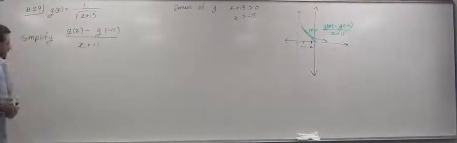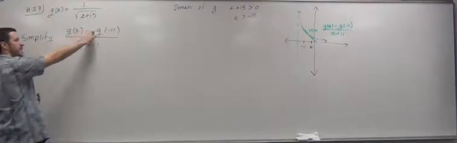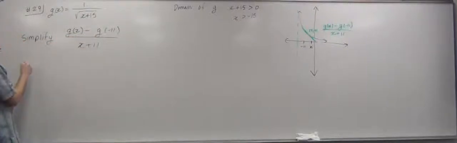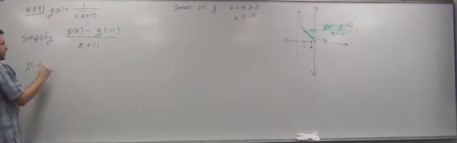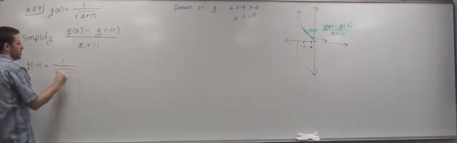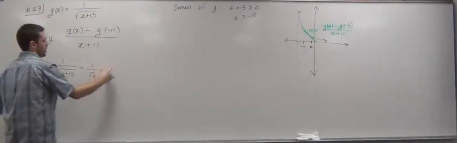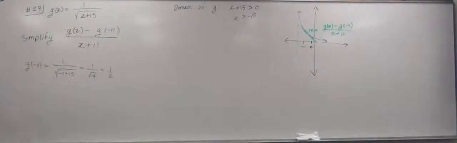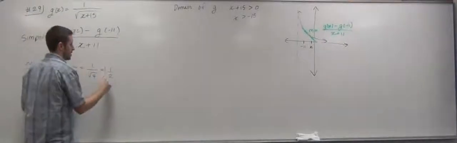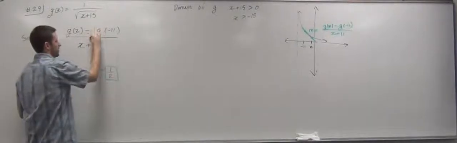Now let's actually get our hands dirty and do this nasty algebra here. So g of negative 11, just like before, I need to calculate that before I do anything. What's g of negative 11? So you plug it in, right? 1 over square root of negative 11 plus 15, 1 over root 4. So this guy goes in here.